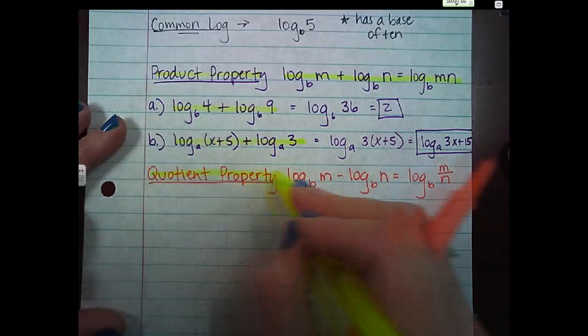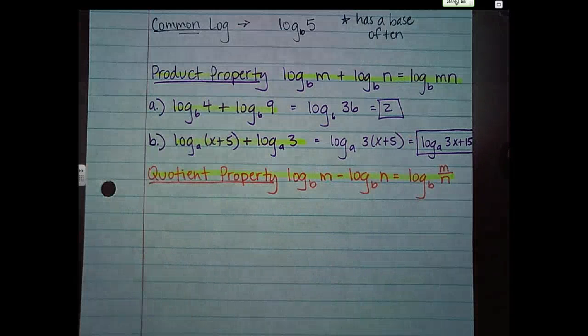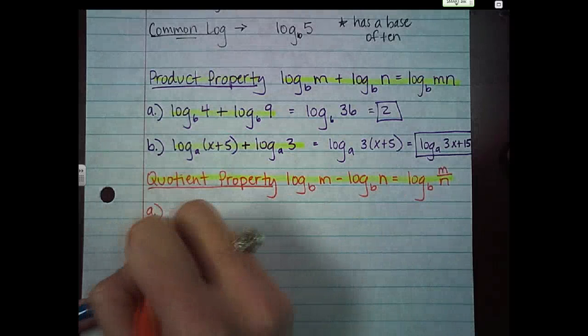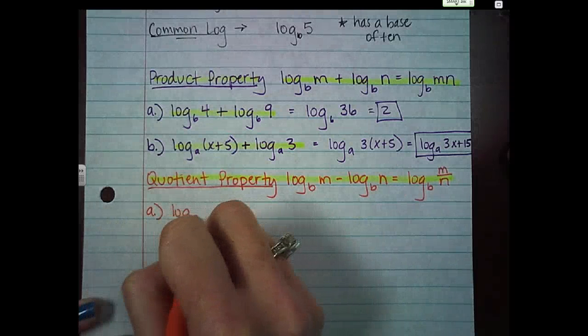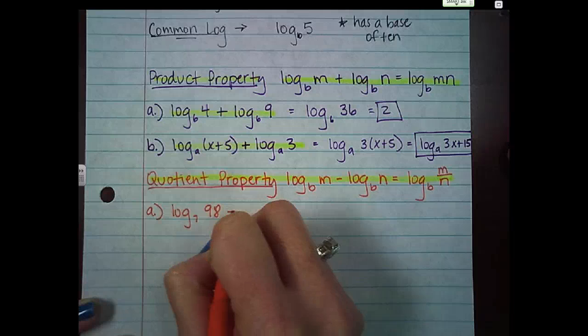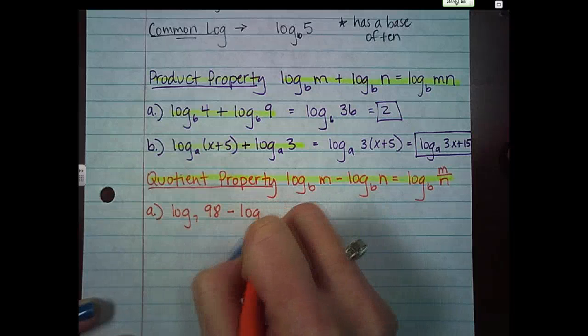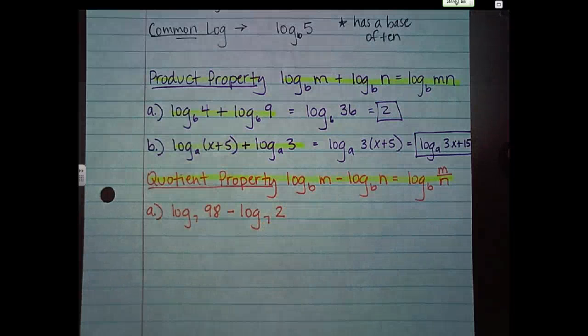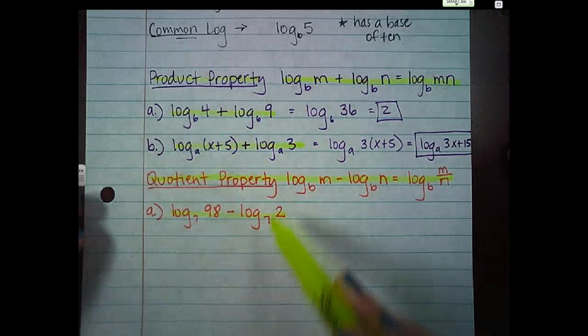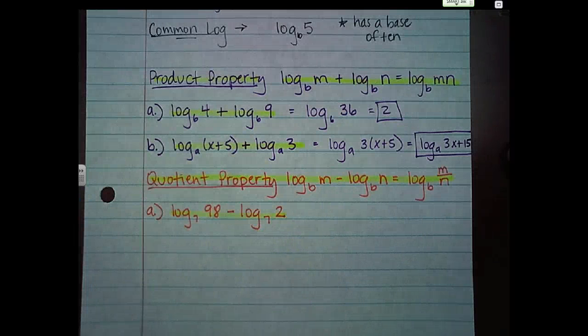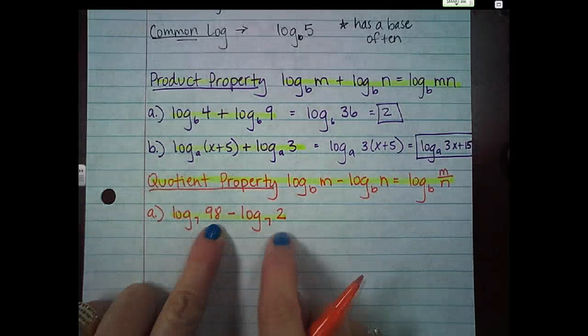Let's try a few of those type of problems. If I said log base 7 of 98 minus log base 7 of 2, it's subtraction. Since it's subtraction, what are we gonna do with the 98 and the 2? We're gonna divide them. Excellent.